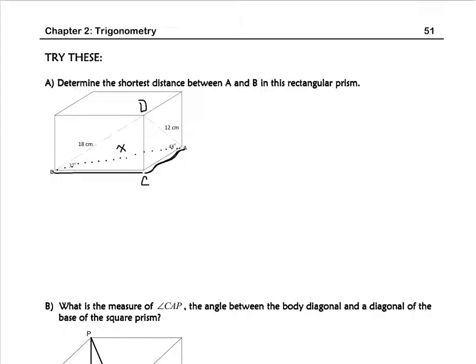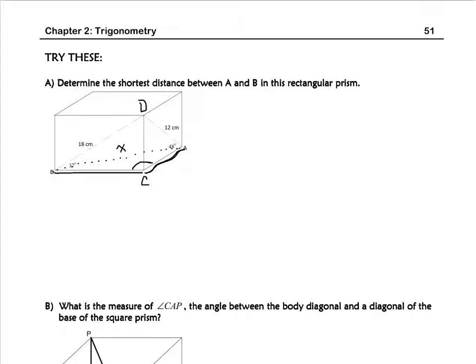So if I look at the triangle ACB, that is a right triangle because there's going to be a right angle. It's the corner of that. If you visualize that as the bottom of the rectangular prism, there's going to be a right angle created from BC and CA intersecting.